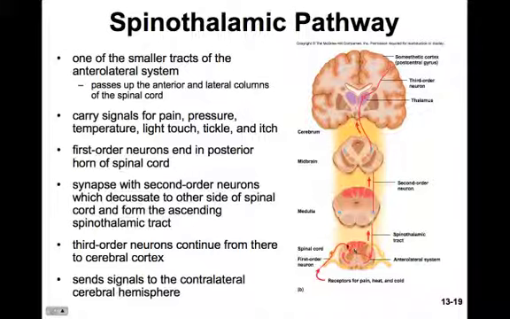Here, they synapse with second-order neurons, which immediately decussate to the other side of the spinal cord. And then they form the ascending Spinothalamic Tract. The third-order neurons continue from the thalamus up into the cerebral cortex.